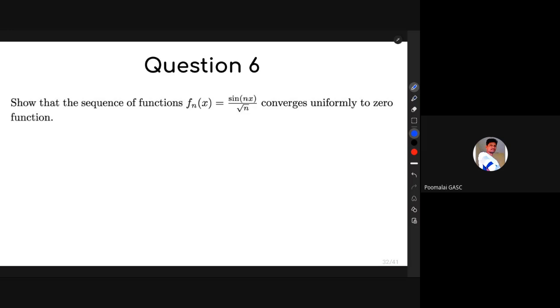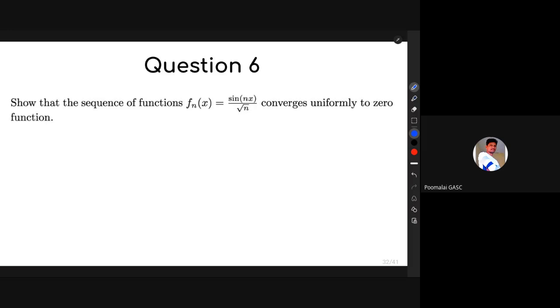That inequality says that the sine function is bounded above by 1 and bounded below by -1. All of you are familiar with that inequality. The idea is to use it to prove that this function converges uniformly to 0. So this is another example of a uniformly convergent function. Let's get into that.